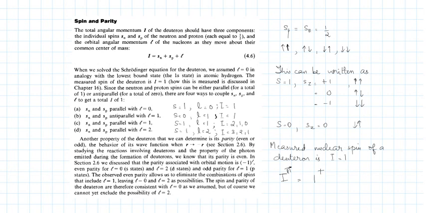But if we are examining the theoretical possibilities, there are actually different possibilities which yield spin of 0 also. Let's just go through the theoretical possibilities of nuclear spin. We know that proton and neutron, which are part of the deuteron, have spin of half.